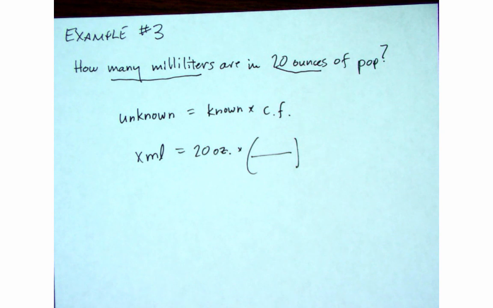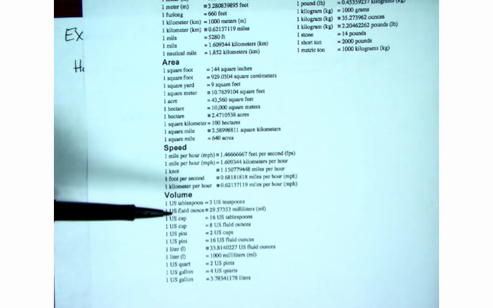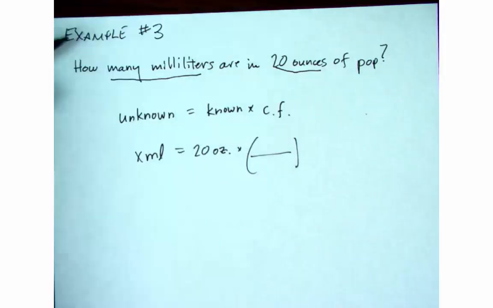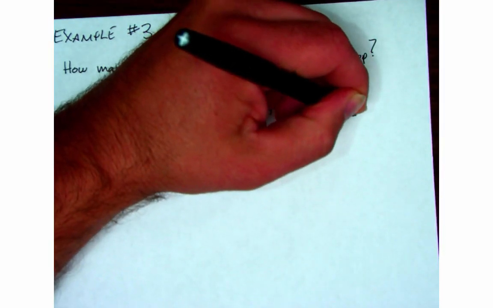Well, I don't know how many milliliters are in an ounce, so I need to find a conversion factor sheet that's going to tell me that. So ounces are an English unit, milliliters are a metric unit. Here we go. 1 fluid ounce equals 29.57 milliliters.